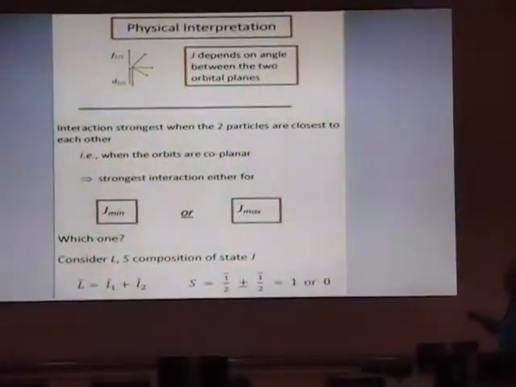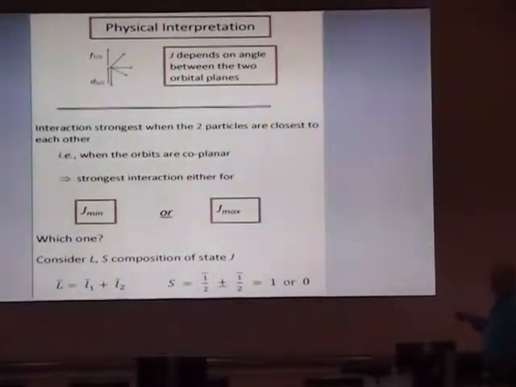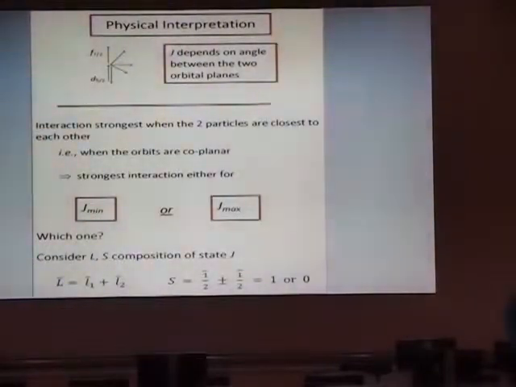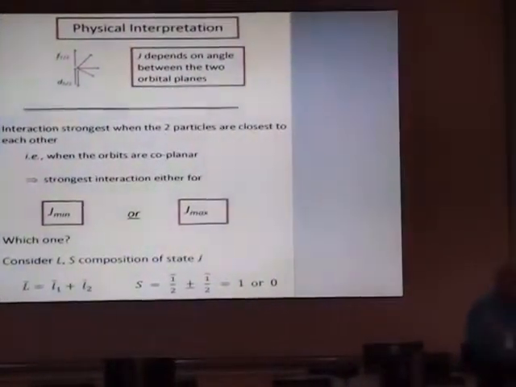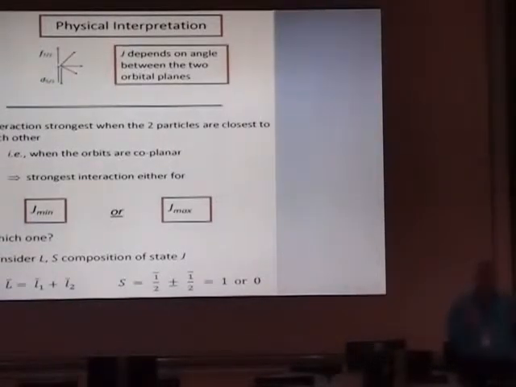We're talking about two particles here, and they can have different orbital planes relative to each other. Which is going to be the strongest? It's an attractive interaction, so it's going to lower the energies. Which orbits, which angles, will give you the lowest energy? So it's clear that you'll get the lowest energy with a delta interaction when the particles are closest to each other, right?